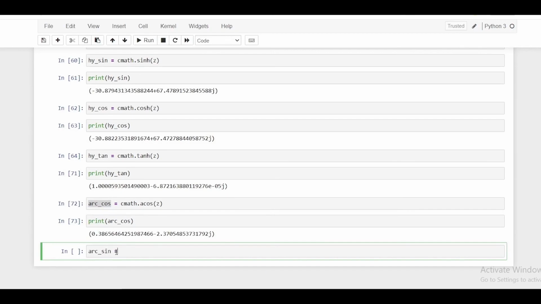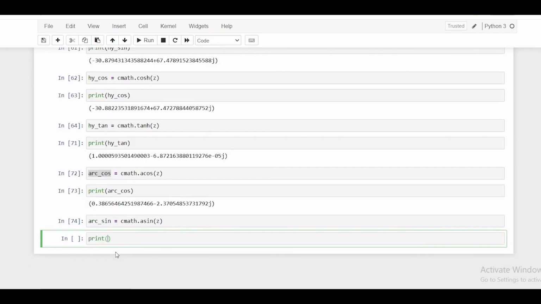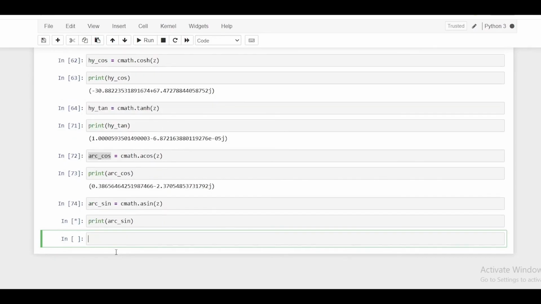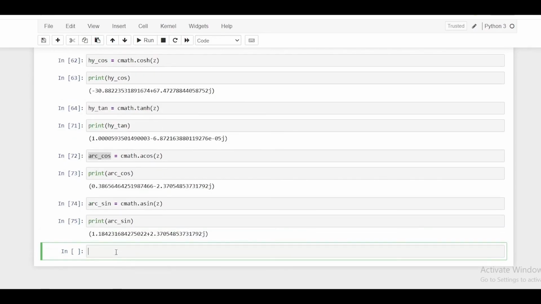You can also find arc sine, which is cmath dot asin of z, which we are getting as 1.184 plus 2.37j. And you can also find arctan, which is dot atan of z.